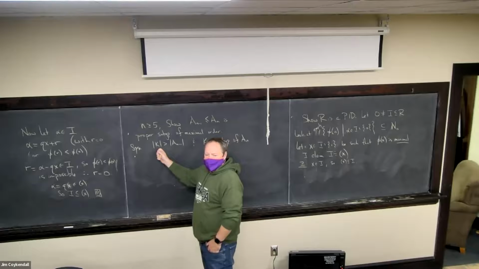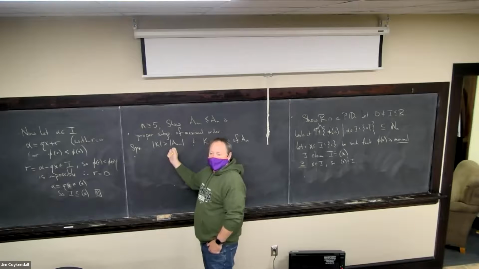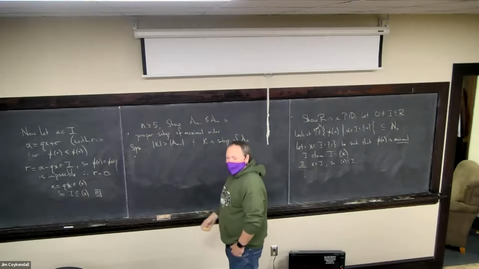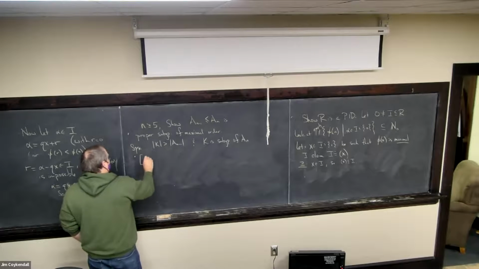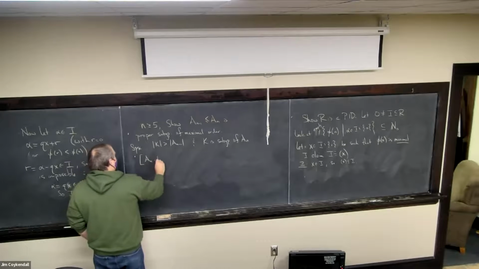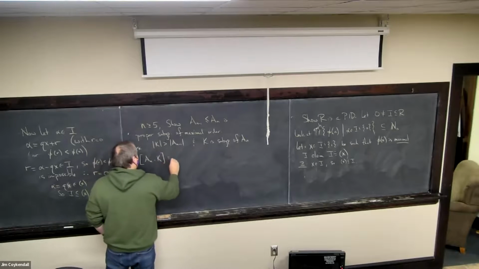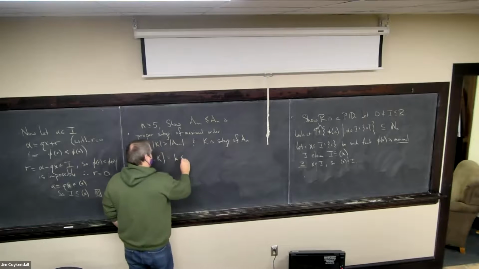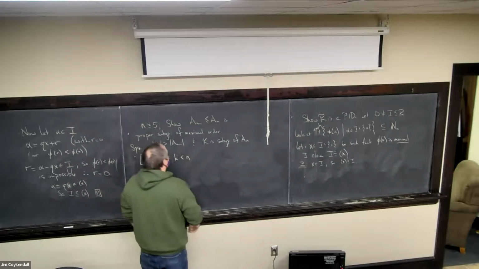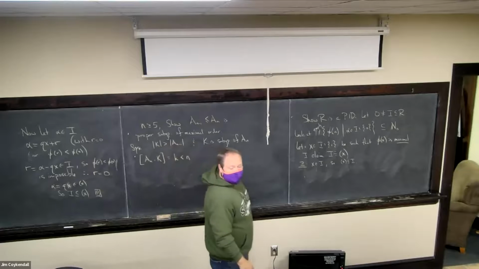K is of greater order than this, and is a subgroup of A_n. Well, notice the index, let's call it little k, is less than n.